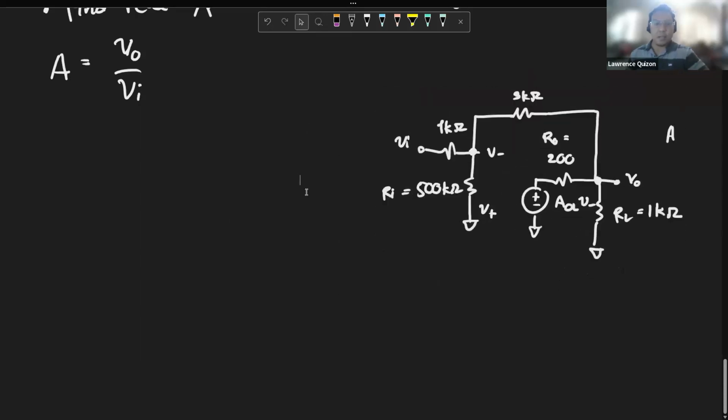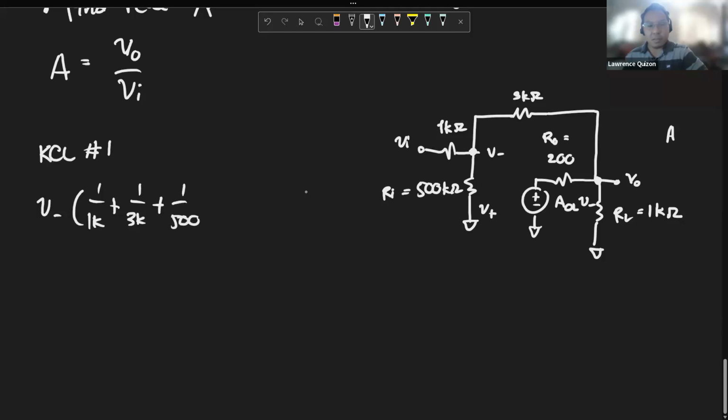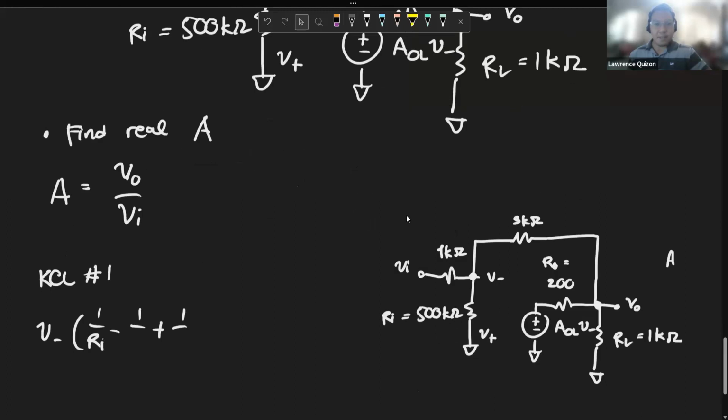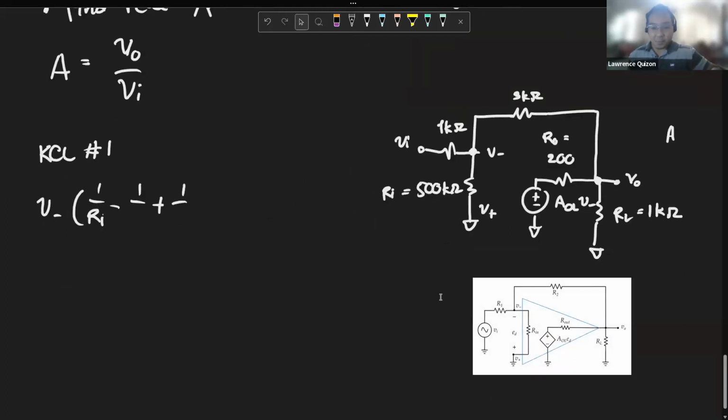So given that, KCL number 1, we have V minus times 1 over 1K plus 1 over 3K plus 1 over 500. Actually, sorry, I won't put in the numbers for now.